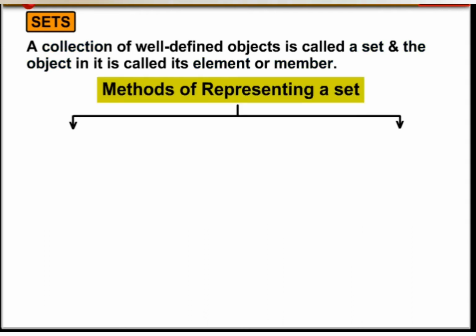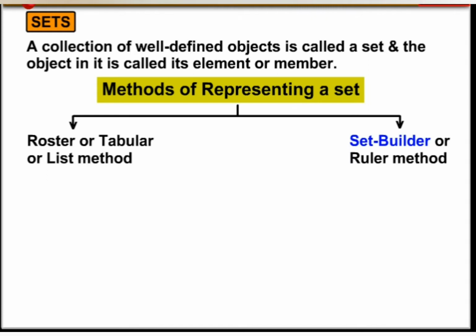There are two methods of representing a set. First one is roster or tabular or list method, and the second one is set builder or rule method.